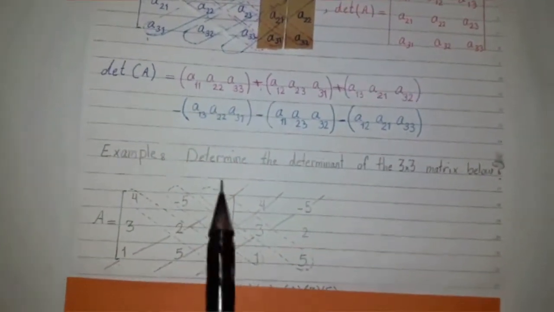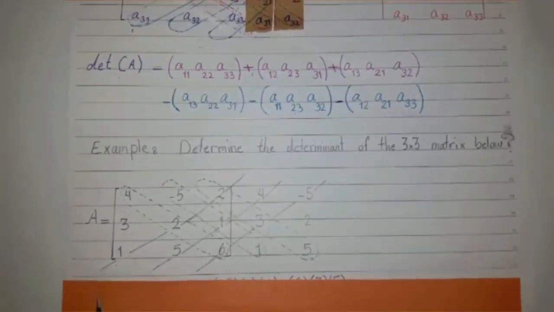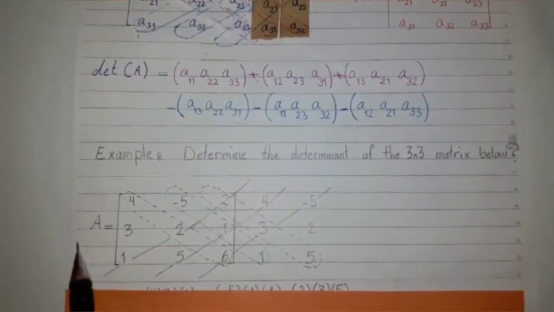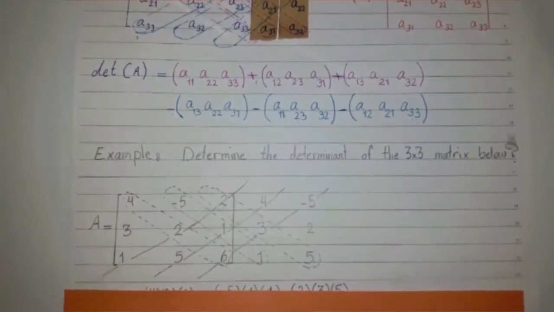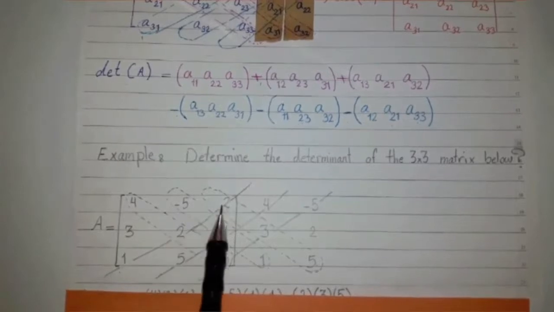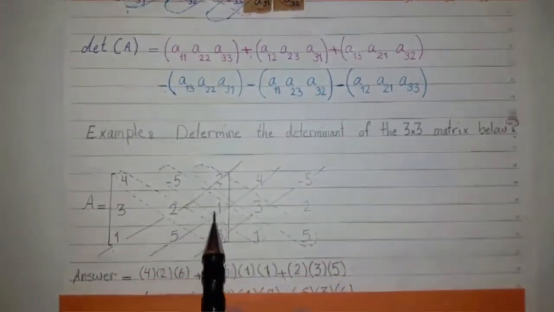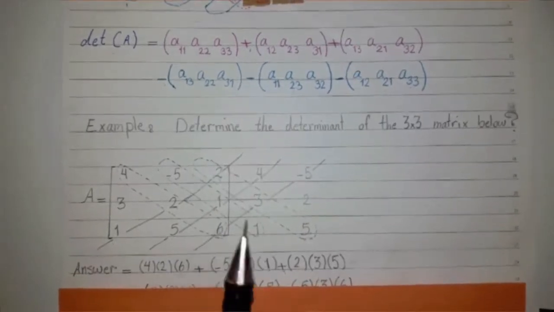Okay. Determine the determinant of the 3 by 3 matrix below. We have the matrix A that contains these following elements: 4, negative 5, 2, 3, 2, 1, 1, 5, 6.